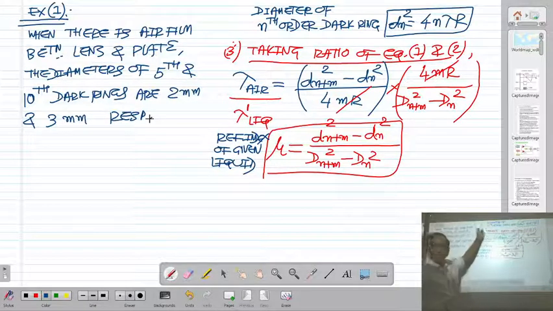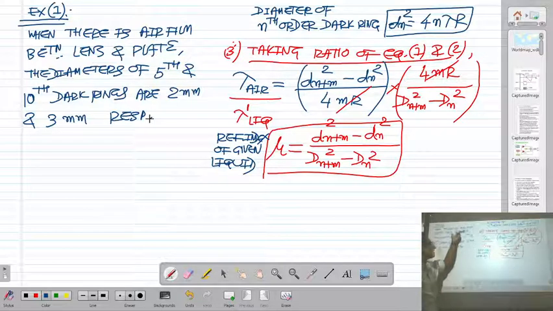So when there is an air film between lens and plate, the diameter of the fifth ring is 2 mm and the diameter of the 10th ring is 3 mm.